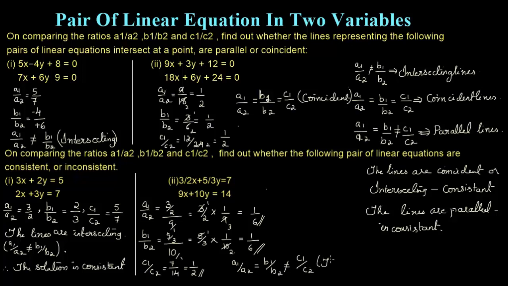The lines are parallel, because you got the two ratios equal, but the third one is not equal. So the lines are parallel, and whenever the lines are parallel, the solution is inconsistent. Therefore the solution is inconsistent.